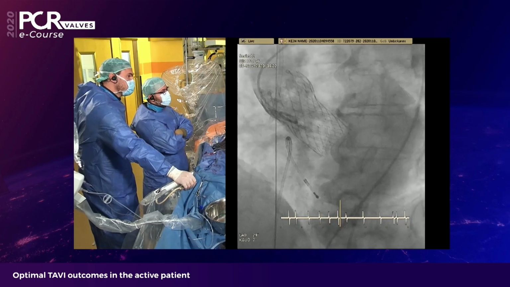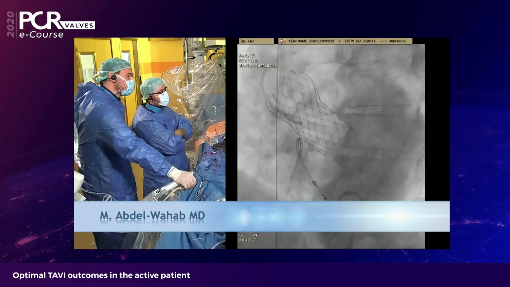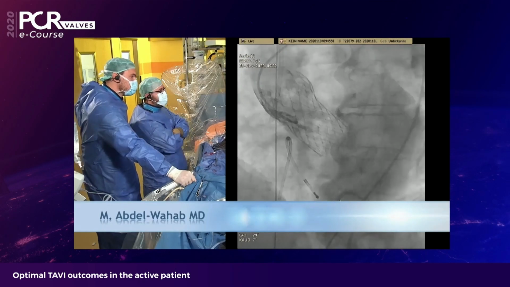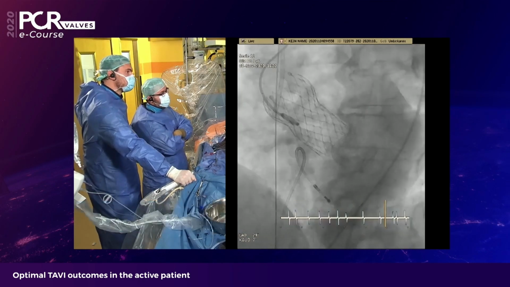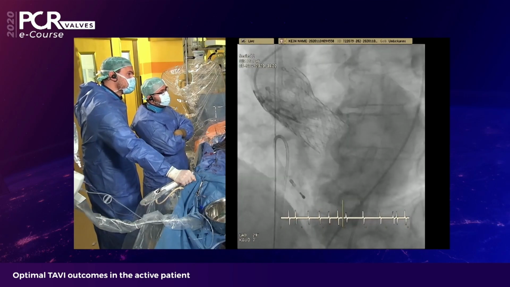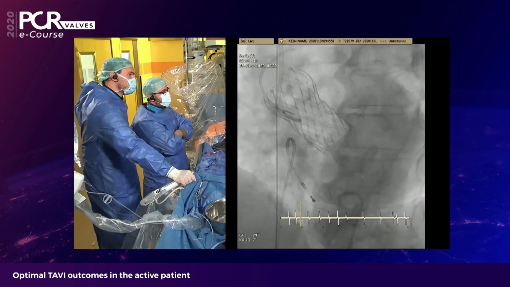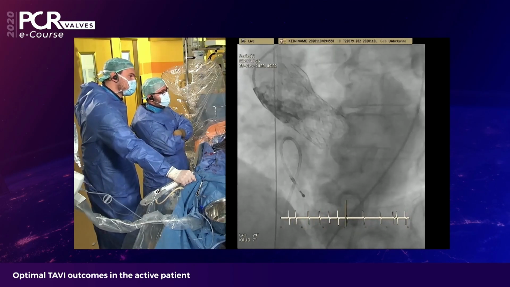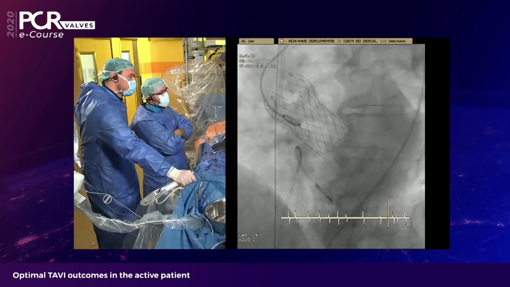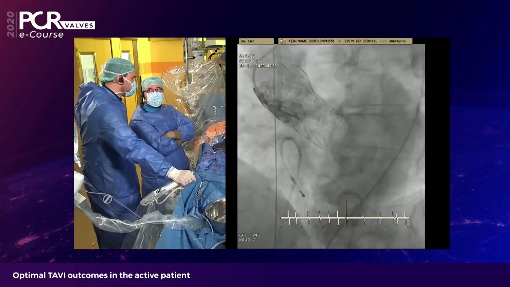You can see here, of course, if you look at the anatomy, how much of the sinus of Valsalva is now being occupied by this big stent. And this is, again, a very important point concerning coronary access. Exactly. So we've seen now recent data from the ReAccess trial that have shown that there are a couple of predictors which include the amount of oversizing related to the sinus of Valsalva.